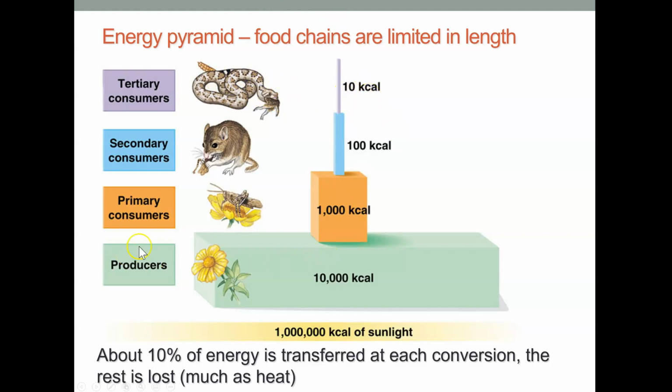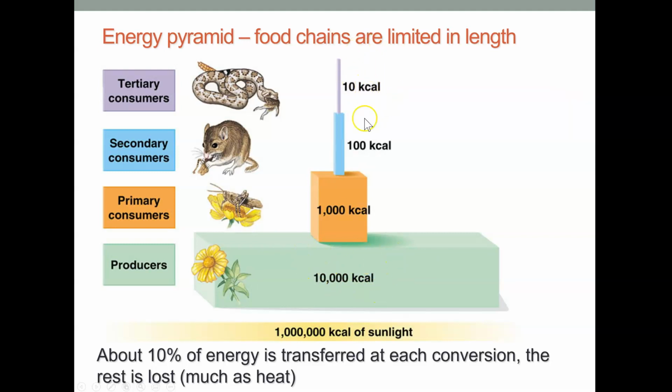So basically, at every level of that trophic structure, we're only harvesting about 10% of the energy that the previous trophic level had taken in. In other words, it takes 10,000 calories to support only 10 calories for a snake.